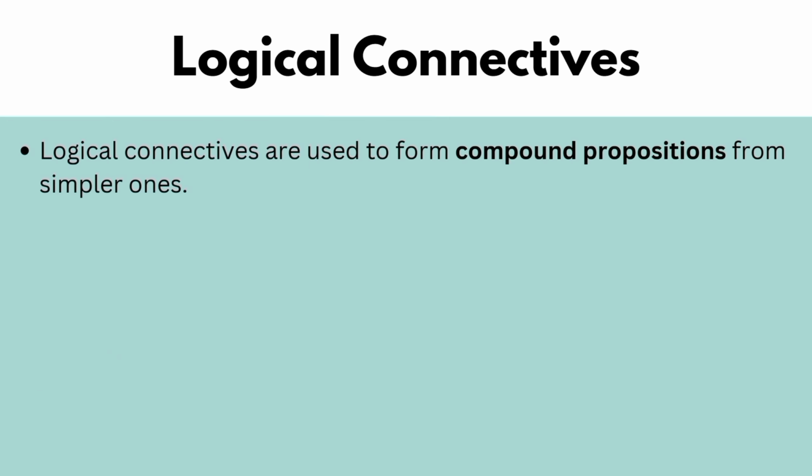Logical connectives. Logical connectives are used to form compound propositions from simpler ones. These are the tools we use to connect propositions, examples including negation, conjunction, disjunction, implication, and biconditional.